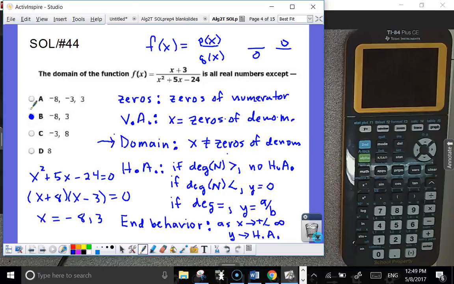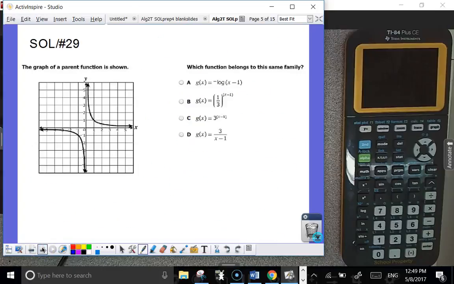What if the denominator doesn't have any real zeros? Then what are you going to say about the domain? All real numbers. Right? So that's how that works. So a lot of information on that side. Okay, this is number 29.